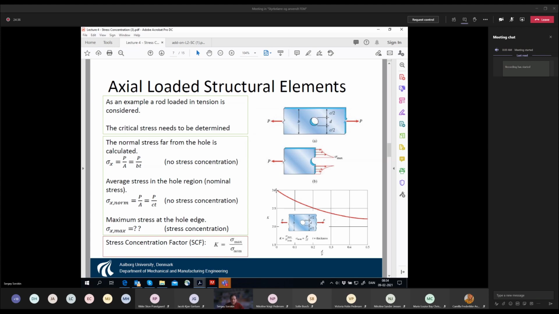So is it possible to measure it, or actually how it is assessed? And the answer is that this stress concentration is one of the very important subjects in the mathematical theory of elasticity.